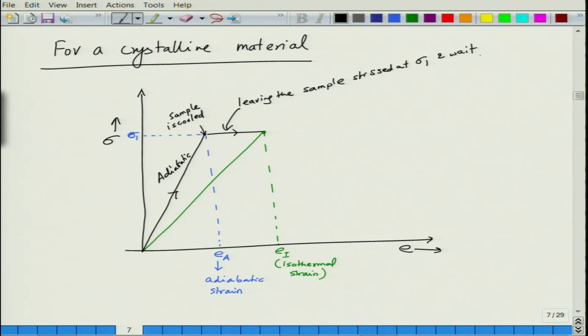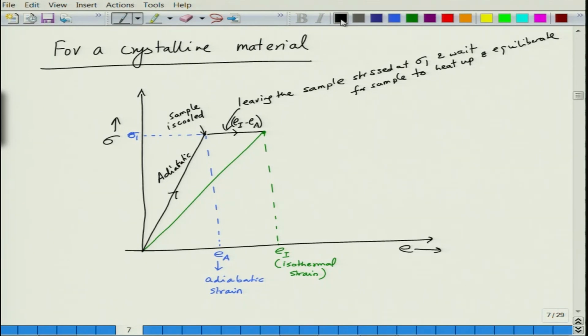Now, during this process, wait for the sample to heat up and equilibrate. Okay. So, you will get this strain which is EI minus EA. This is the region in which you will achieve this strain.